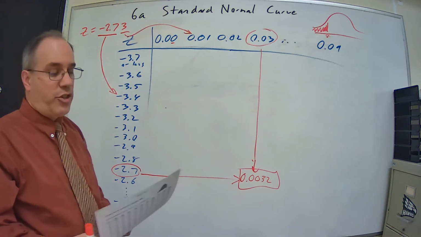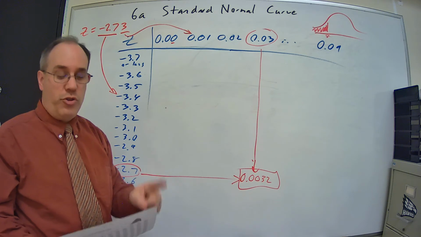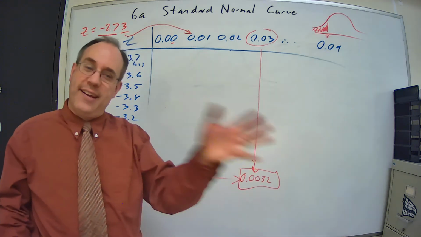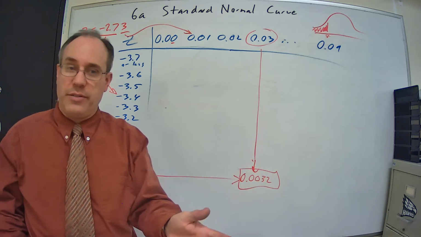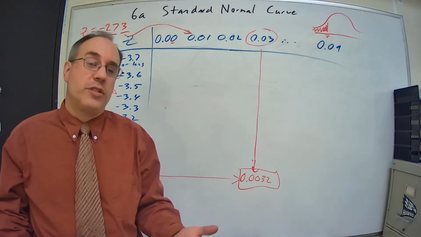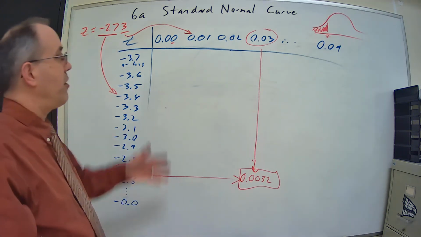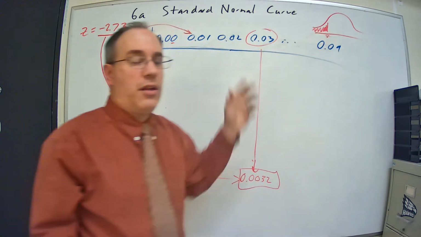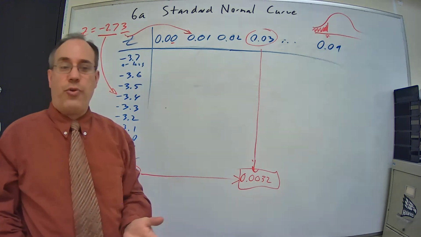So this is called the standard normal cumulative probability table. Cumulative, remember, is where you're adding it up, everything up to a certain point. Remember our cumulative frequency? Same thing here. So this is giving us the area to the left of that z-score.